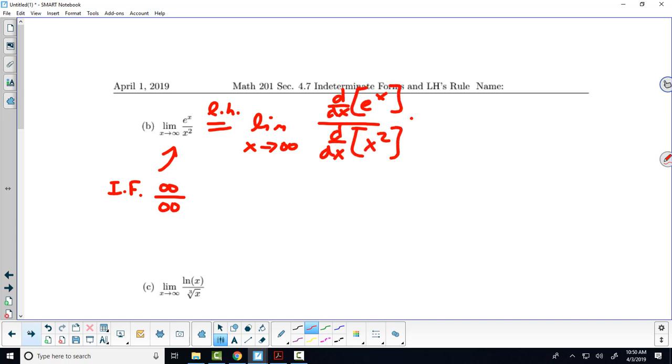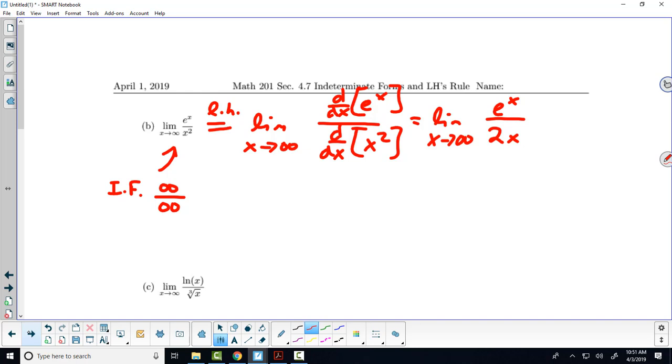You don't have to write that extra line, but it might help solidify what we're doing here, which is the limit as x approaches infinity of e to the x over 2x. Did we get anywhere? No. Still infinity over infinity. I would argue that we didn't make the problem any easier, but we also didn't make it any harder.